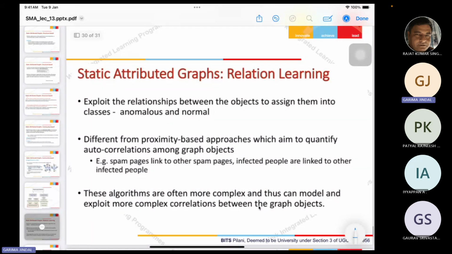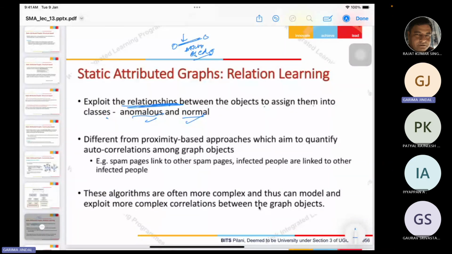It exploits the relationship between the objects to assign them into classes, that is, anomalous or normal. So it uses the relationship between nodes. It is going to use the edges or the attributes of edges to identify anomalous or normal behavior.